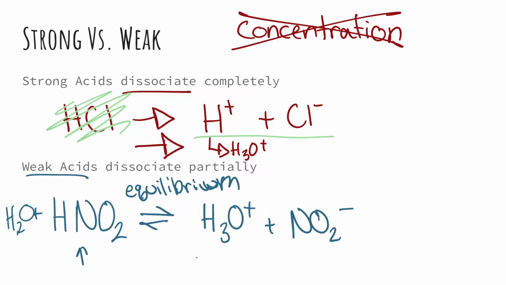So there will be more hydrogen present in the solution, which is why we consider it an acid. However, it's a weak acid because some of it stays in its full form rather than dissociating. So that comes to our conclusion, or what I've written up here, that strong acids are going to dissociate completely and weak acids are going to dissociate partially.